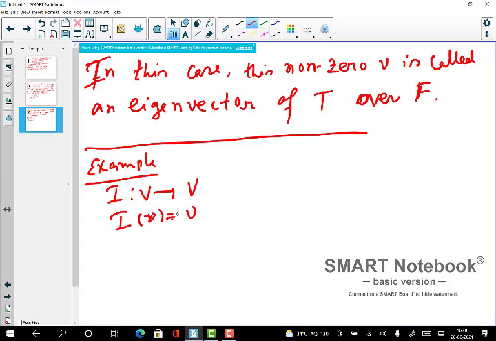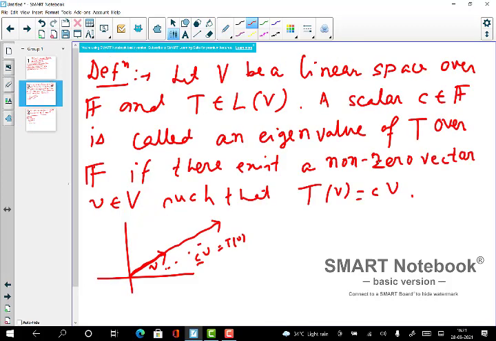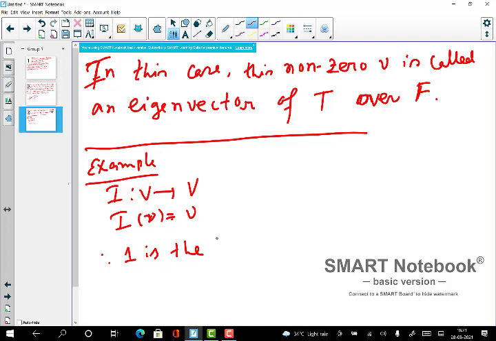By definition it is clear that one is the eigenvalue, and you can show that the only eigenvalue is one. It can repeat, obviously. In the definition I also did not say that an eigenvalue will not repeat; c can come more than once. So one is the eigenvalue.